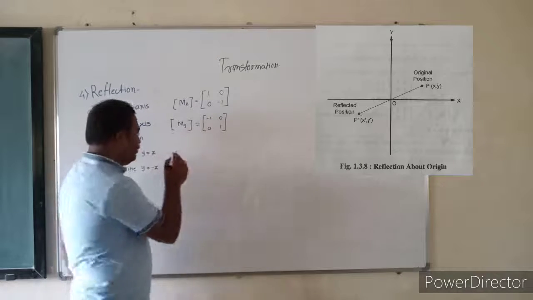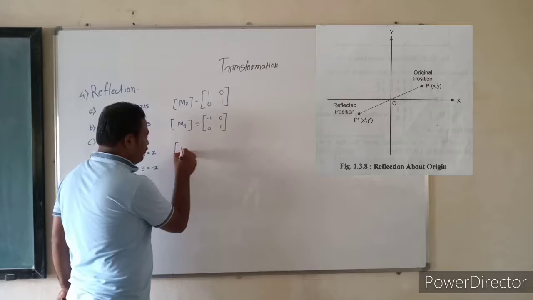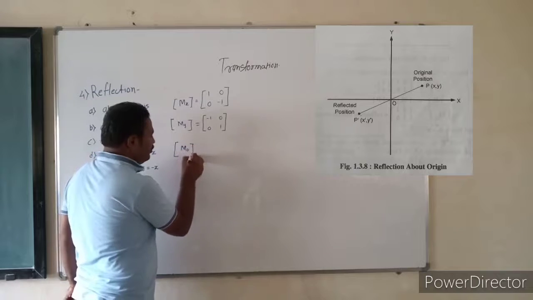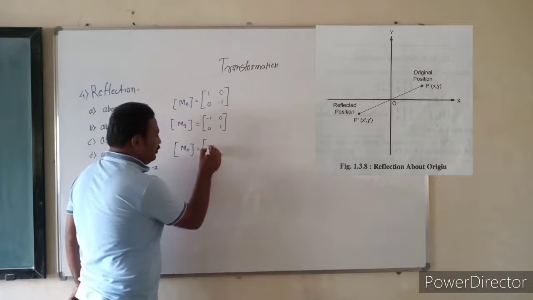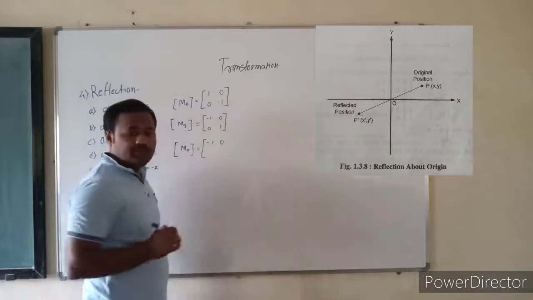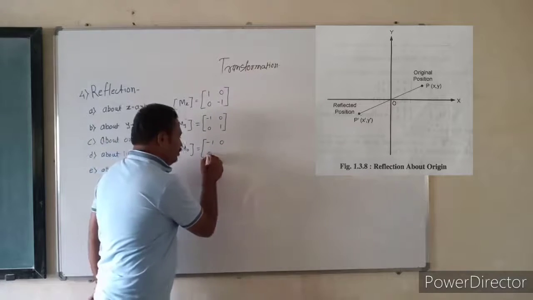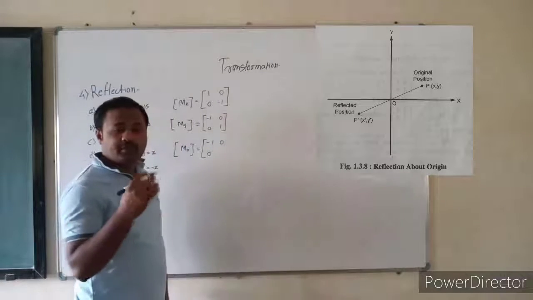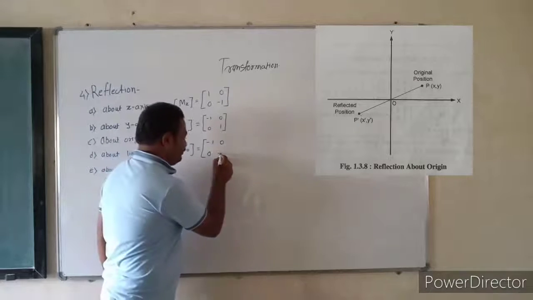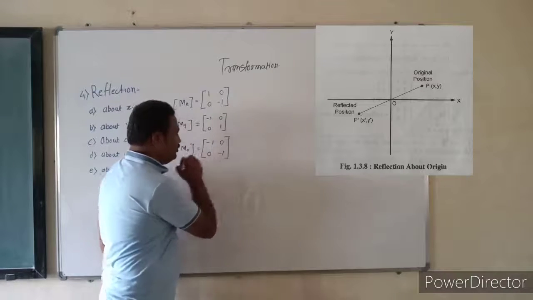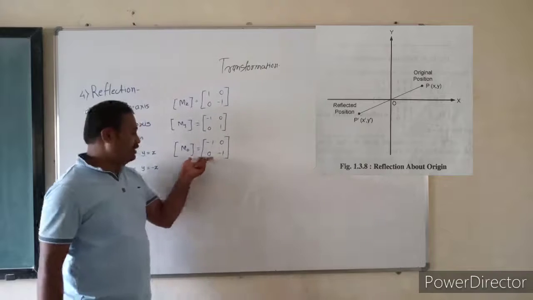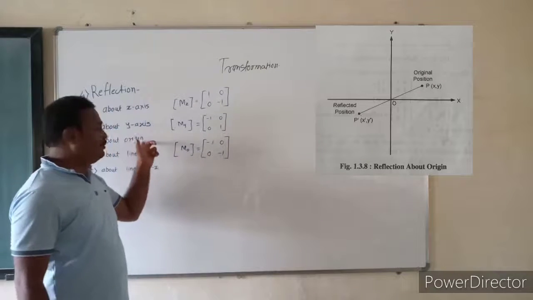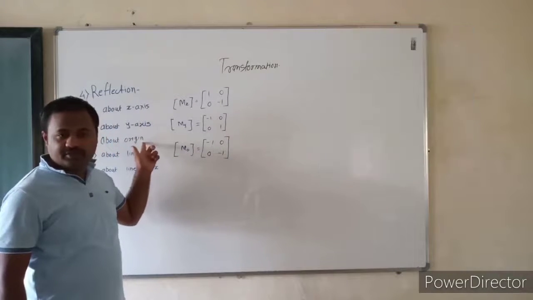Then reflection matrix MO becomes minus 1, 0, 0, minus 1. It's the transformation matrix for reflection about the origin.